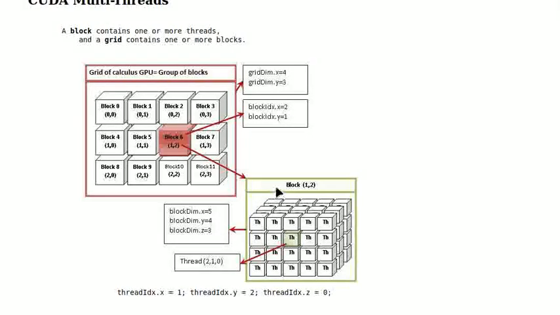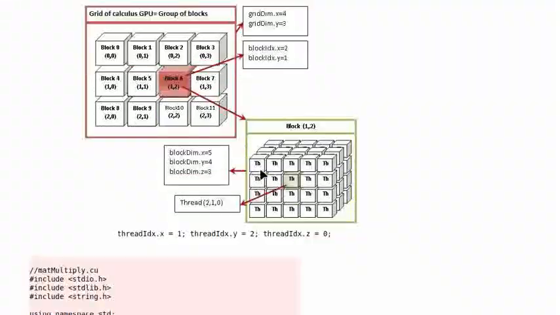For this block, it consists of many threads. Say we have in a row 5 threads, so the x dimension is 5, and the y dimension is 4, and z is 3. So that means threadIdx.x is 1, threadIdx.y is 2 for this thread.